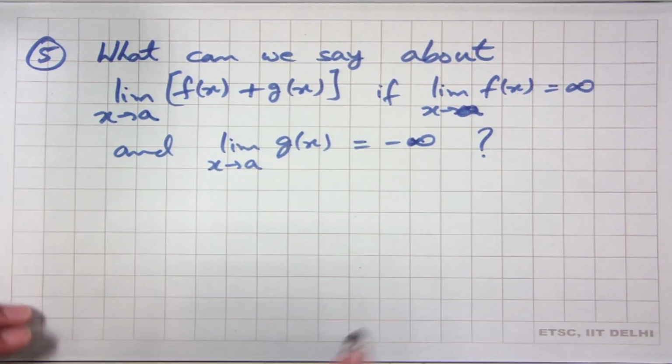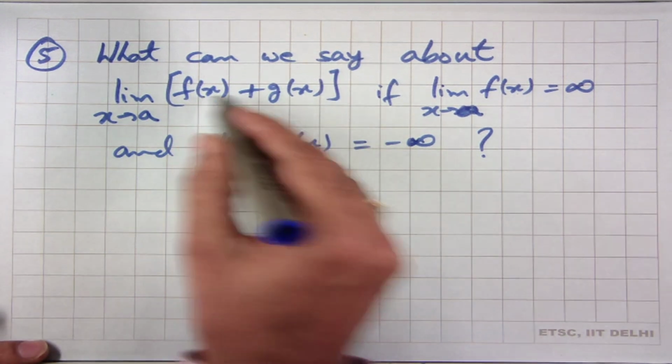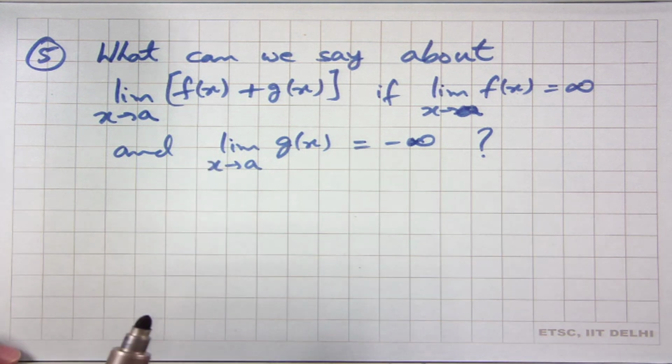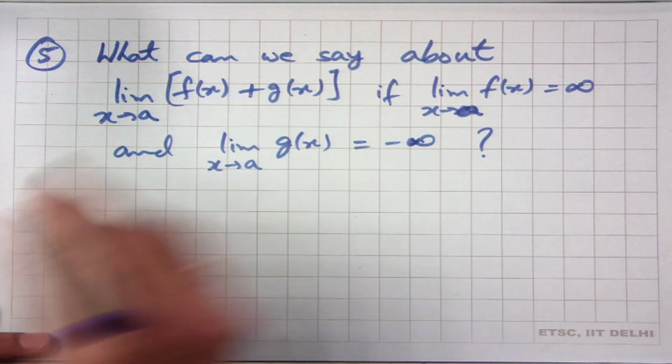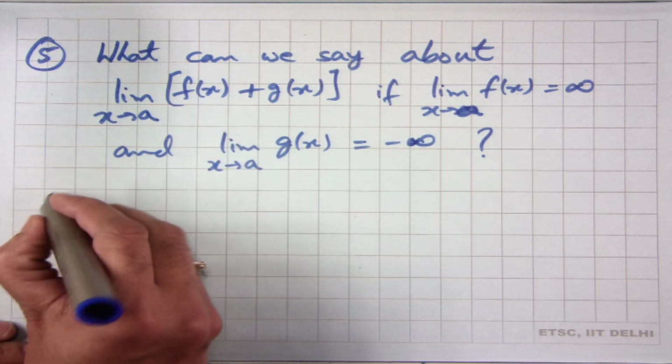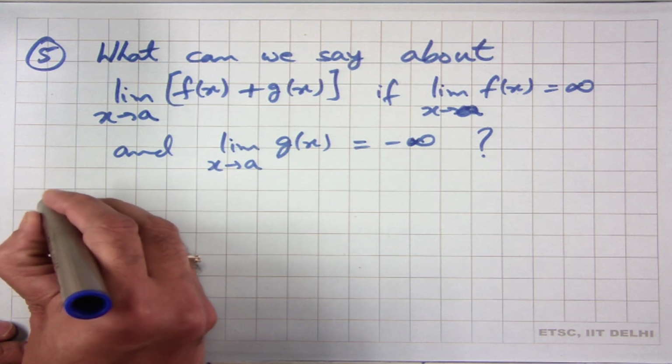So, some of you might guess that this is going to infinity, this is going to minus infinity, therefore, infinity minus infinity is 0, but that is not true. So, let us see by some examples.